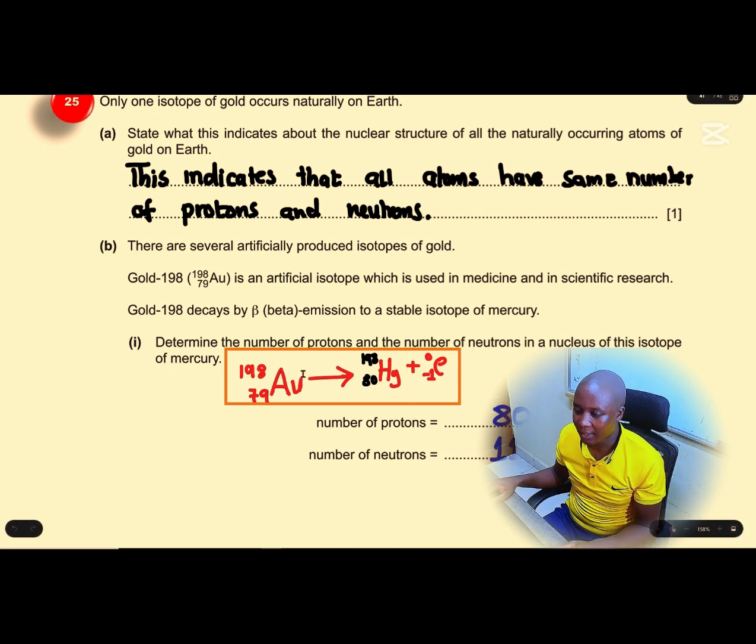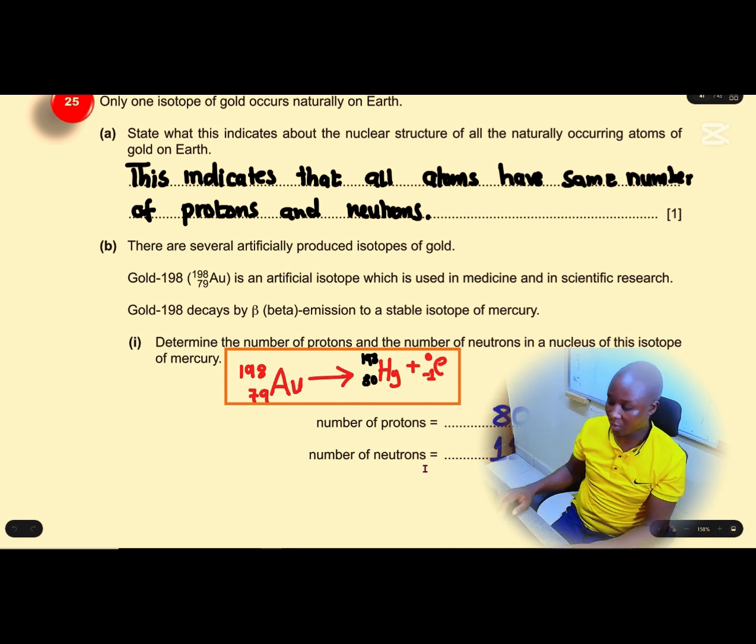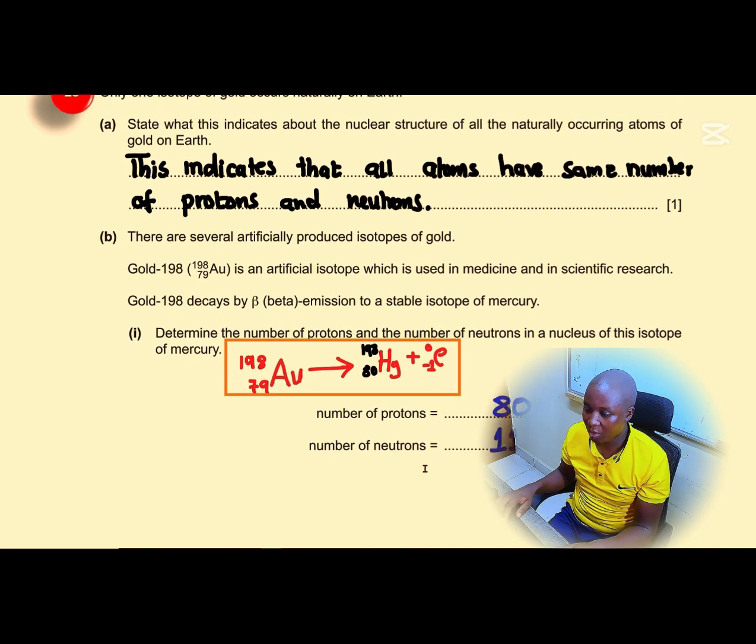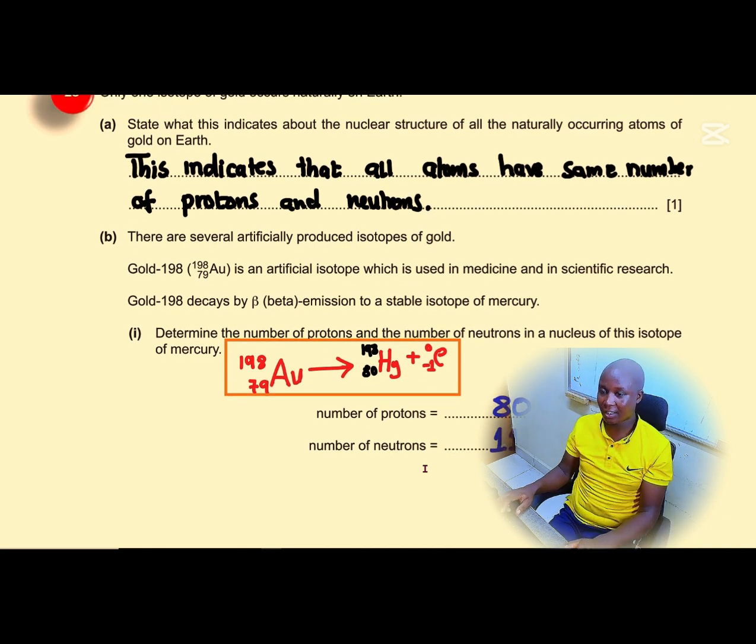It was 198. It has to remain 198 because the mass number of an electron is 0. But 79 has to become 80, so that 80 plus -1 becomes 79. So the number of protons in this case is 80, and the number of neutrons is 118. How do you get that?